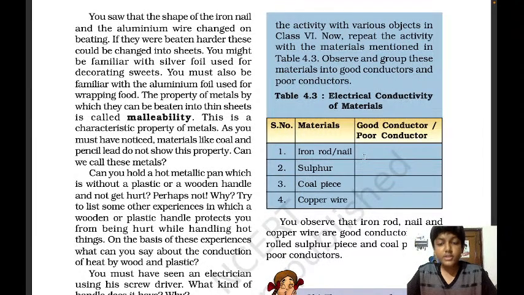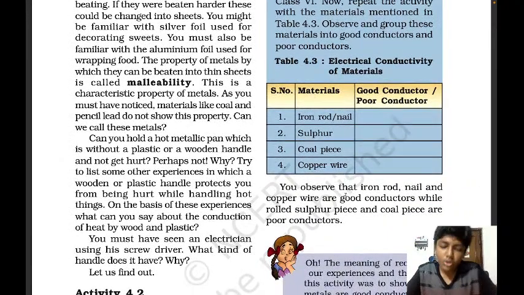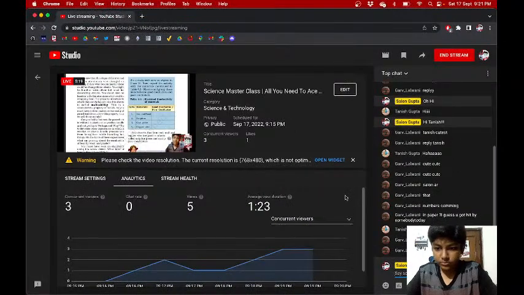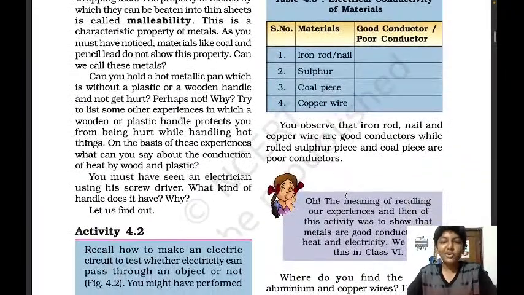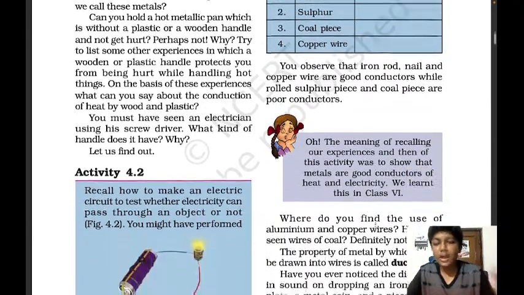Sulfur is not a good conductor as it is a non-metal. The coal piece is not a good conductor, and the copper wire is a good conductor of electricity. So you observe that the iron rod, nail and copper wire are good conductors, while the sulfur piece and coal piece are poor conductors.